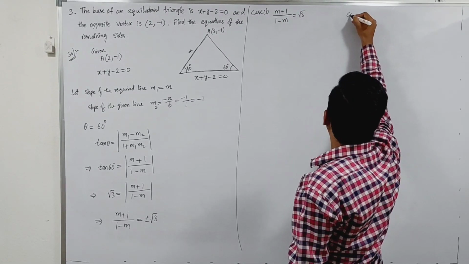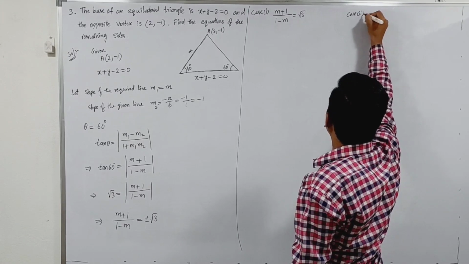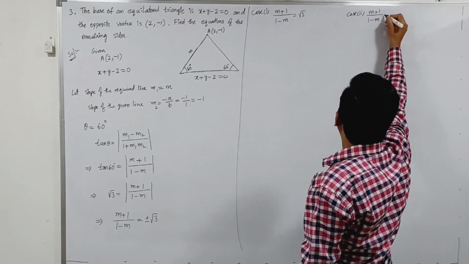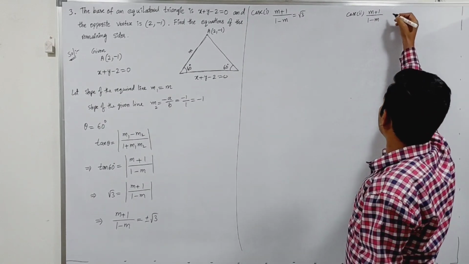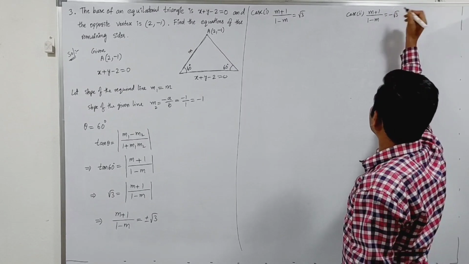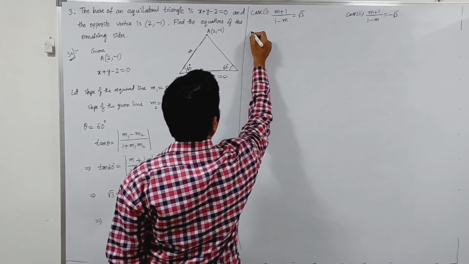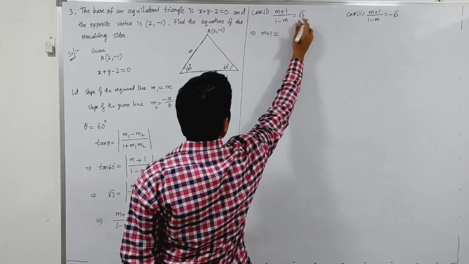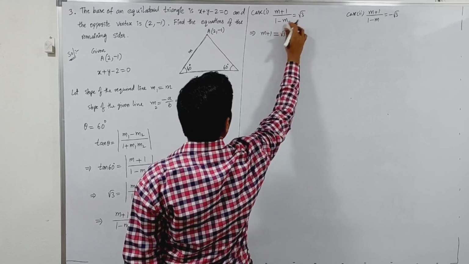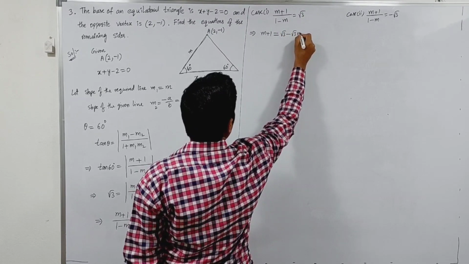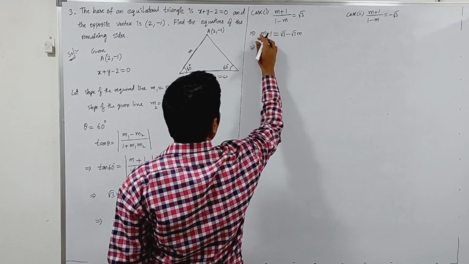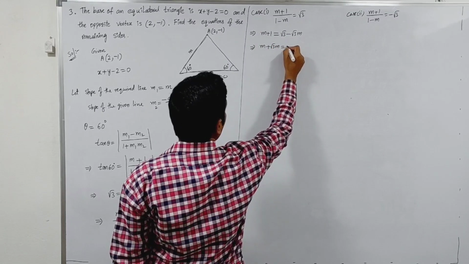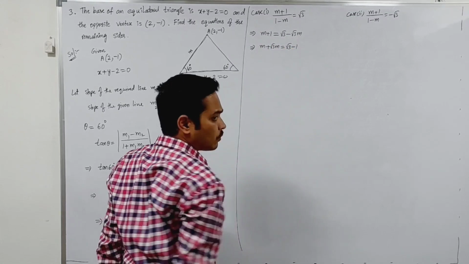In case 2, the minus case, (m + 1)/(1 - m) = -root 3. Now simplify this equation. Here m + 1 = 1 into root 3, root 3 minus m into root 3, that is root 3 - root 3 m. Now take the minus root 3 m to the left side. That is m + root 3 m = root 3 - 1.